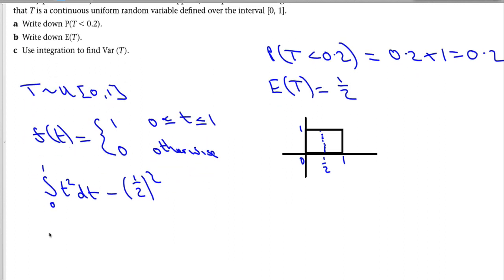The integral of t squared dt is 1 over 3 t cubed evaluated between 0 and 1, minus a half squared, which is a quarter. So we get 1/3 minus a quarter, which is 1 over 12.